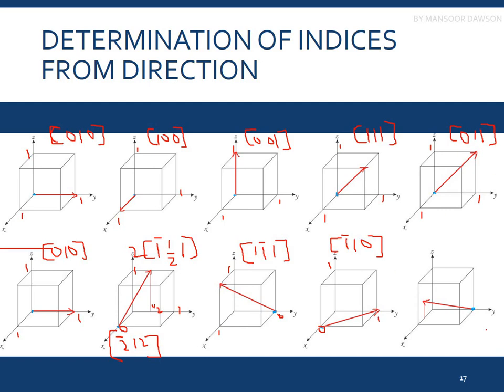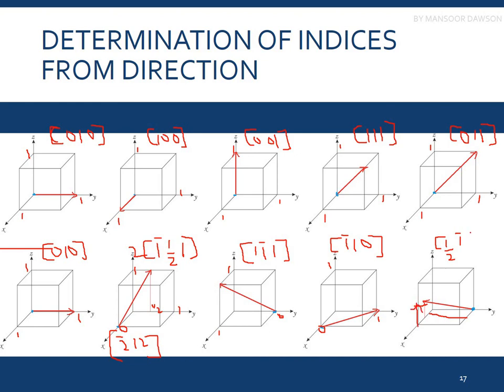Okay, and in this you can see that the y is shifted. So this would be negative 1 for y, and in the x direction you can see it is only moved half. So we will be writing half in the x, and the z is also moved half of it.